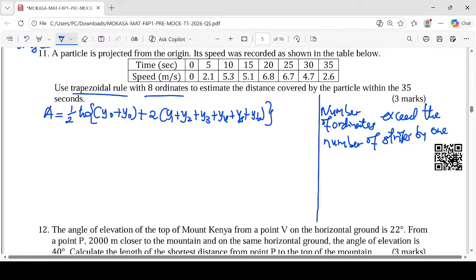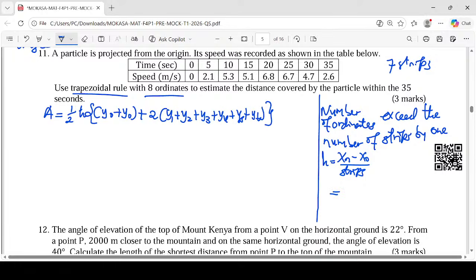This is when you are dealing with the trapezoidal rule, unlike the mid-ordinate rule, where the number of ordinates equal to the number of the strips. So in this case, if we have 8 ordinates, it means we have 7 strips. And now if we have 7 strips, we can calculate h, because h is normally given by xn minus x naught over the number of strips.